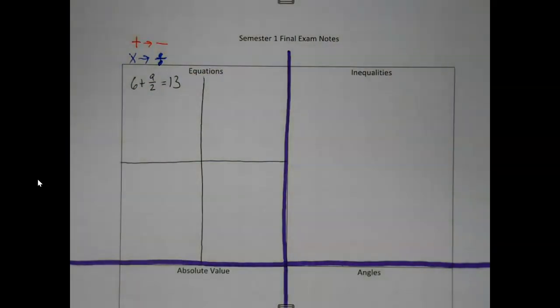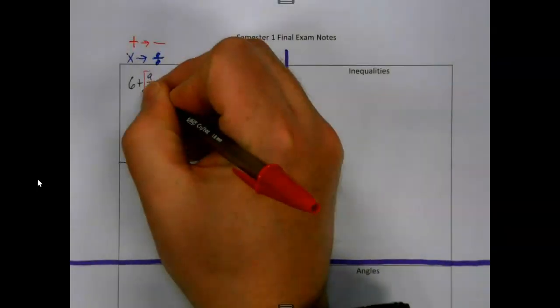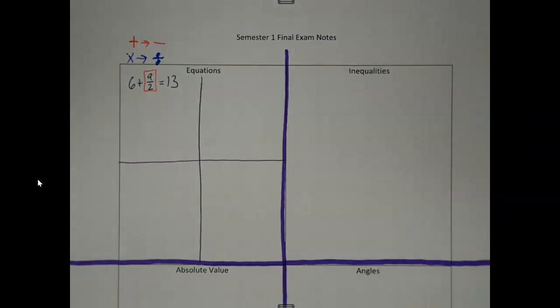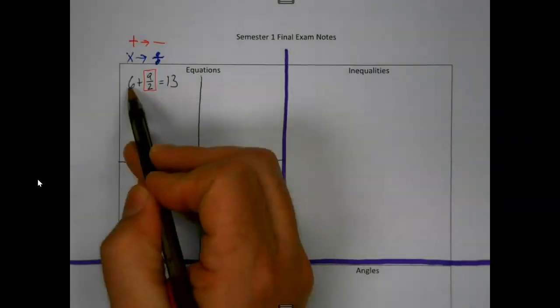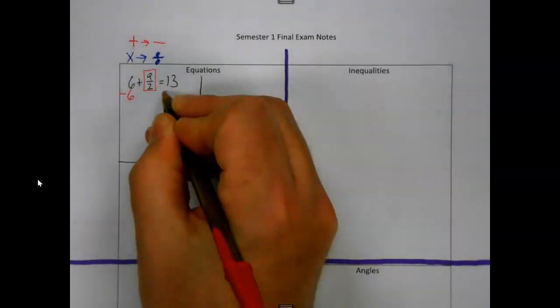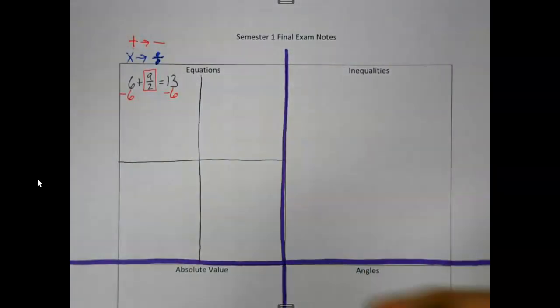Now, instead of doing all my steps in black or whatever it is you're using, personally, I like to change colors here, because that way I can look and go, okay, what's my opposite for the plus 6? Oh, it's minus. And I can see the step better if I do it in color.